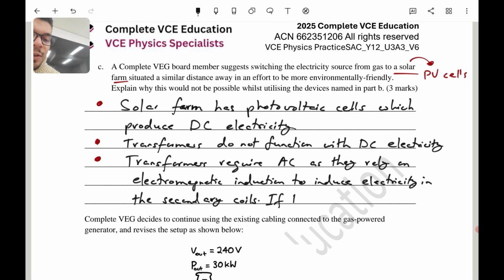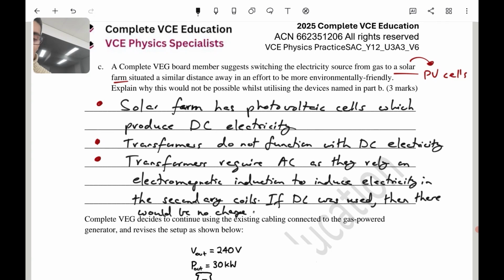Okay, if DC was used, then there would be no change in flux, hence there will be no induced EMF.